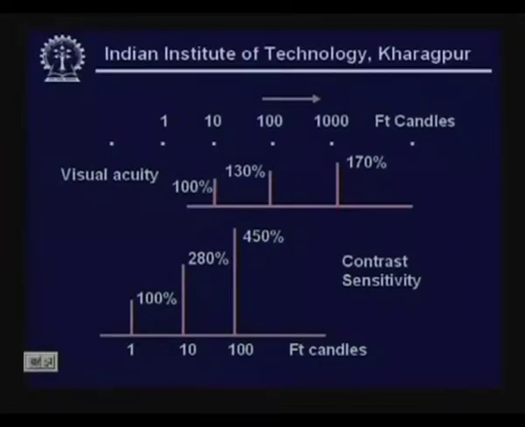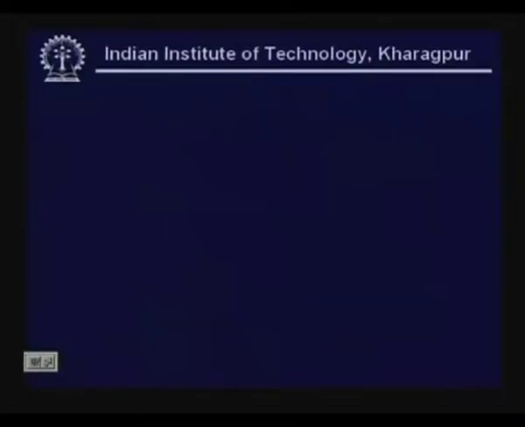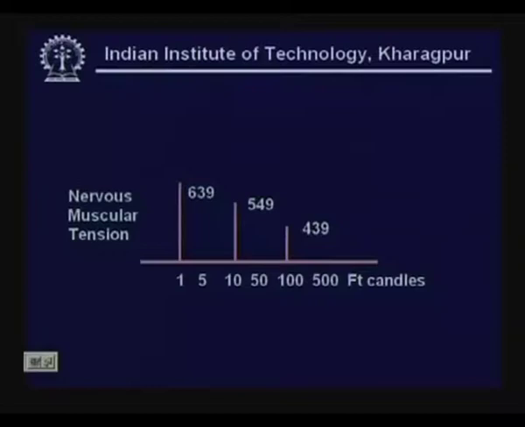We found it has become 4.5 times when you go from 1 foot candle to 100 foot candles, and visual acuity has become 170%, and we find that the muscular tension has reduced by about 30%, from an initial value of 639 to a final value of 439 at 100 foot candles. These are some of the things. That means there is a certain advantage in terms of the functioning of the eye by having increased illumination.